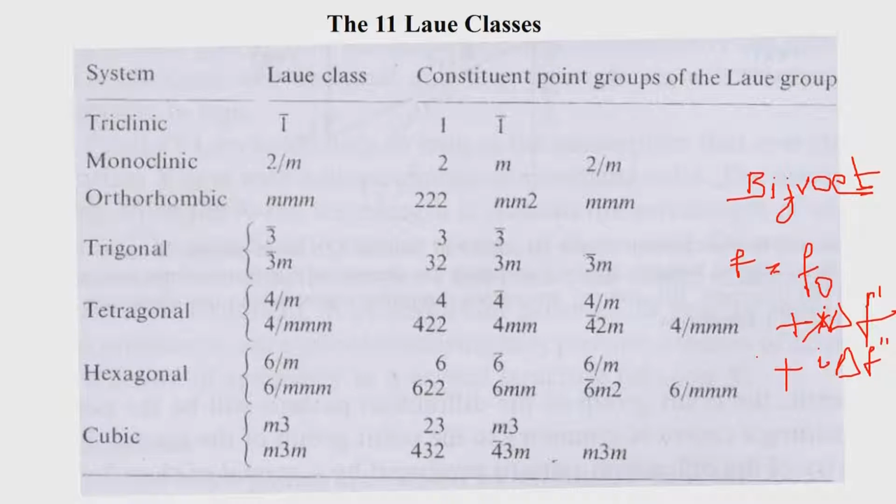So, at this moment we end up with 11 Laue classes. In a nutshell, we have a crystal, we send in the X-ray beam, and we now want to collect the data. When we collect the data, we look at the intensities, and these intensities can be analyzed with respect to systematic absences, and the systematic absences will tell us the space group.